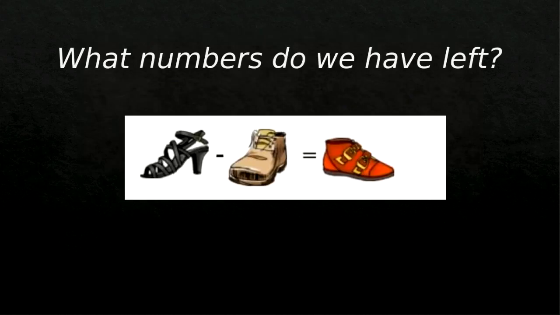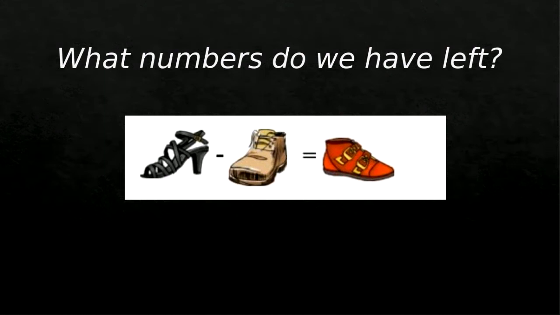So when I'm here, a number minus 2 equals a different number. You have 5, 6, and 7 left. What numbers can I plug in? Right, that black sandal must be 7. Then minus 2 will equal 5. The red shoe is a 5.